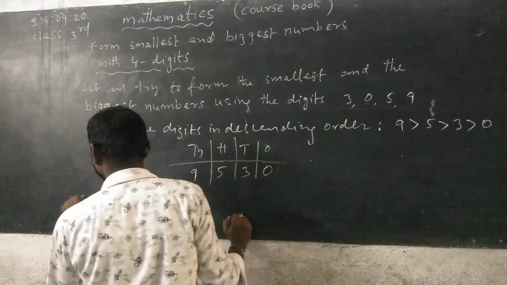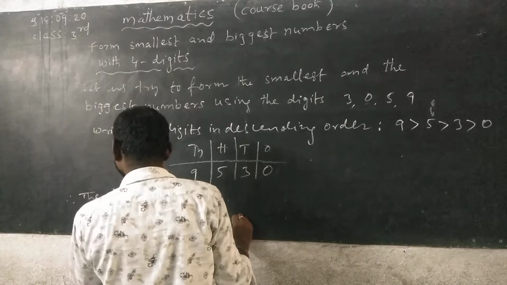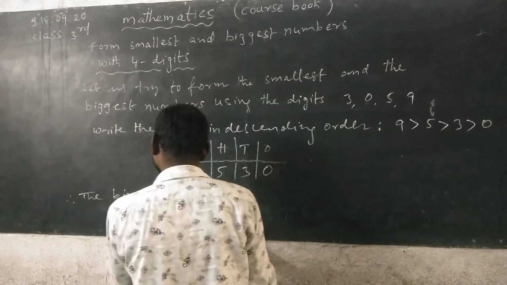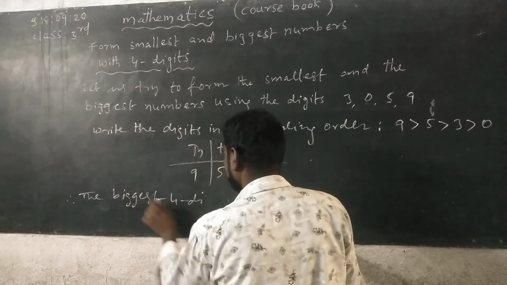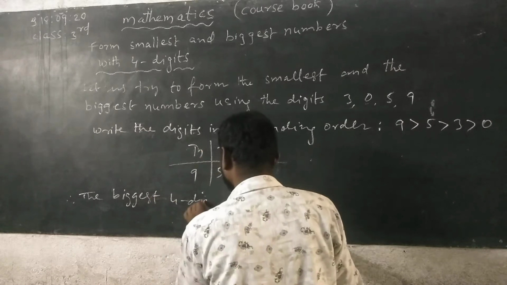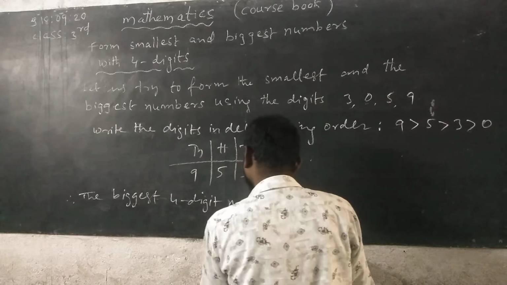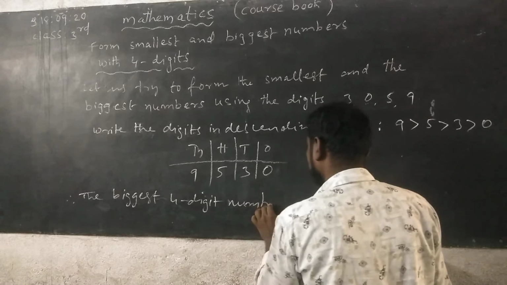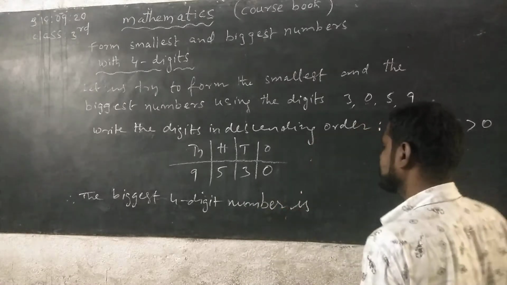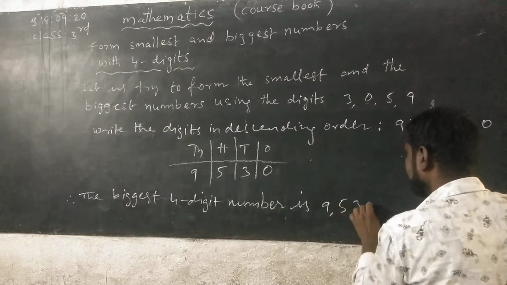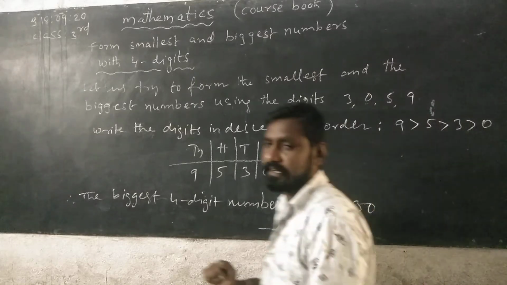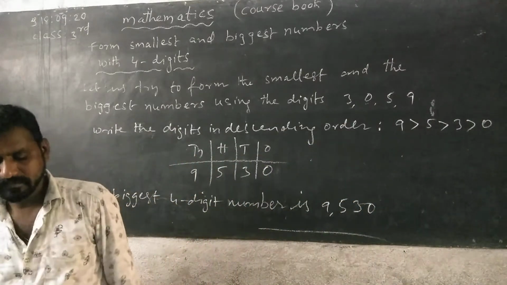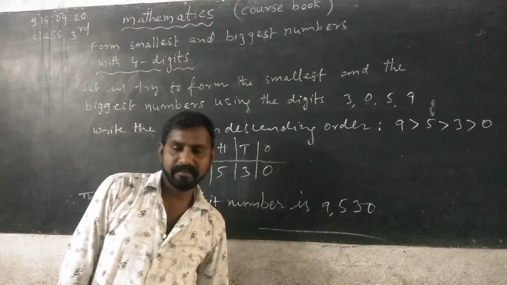Therefore, the biggest 4-digit number is 9,530.